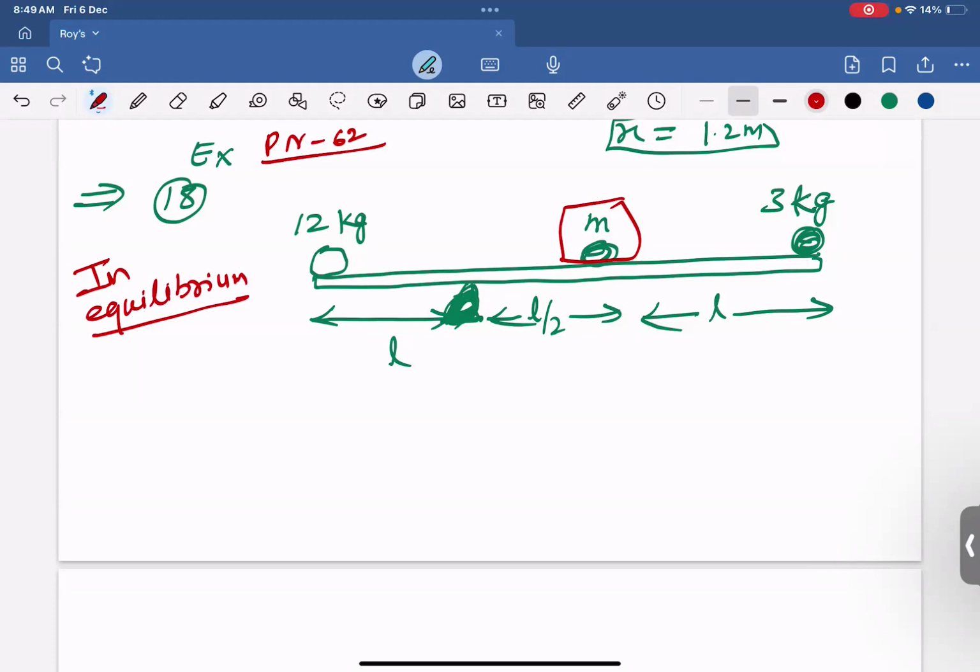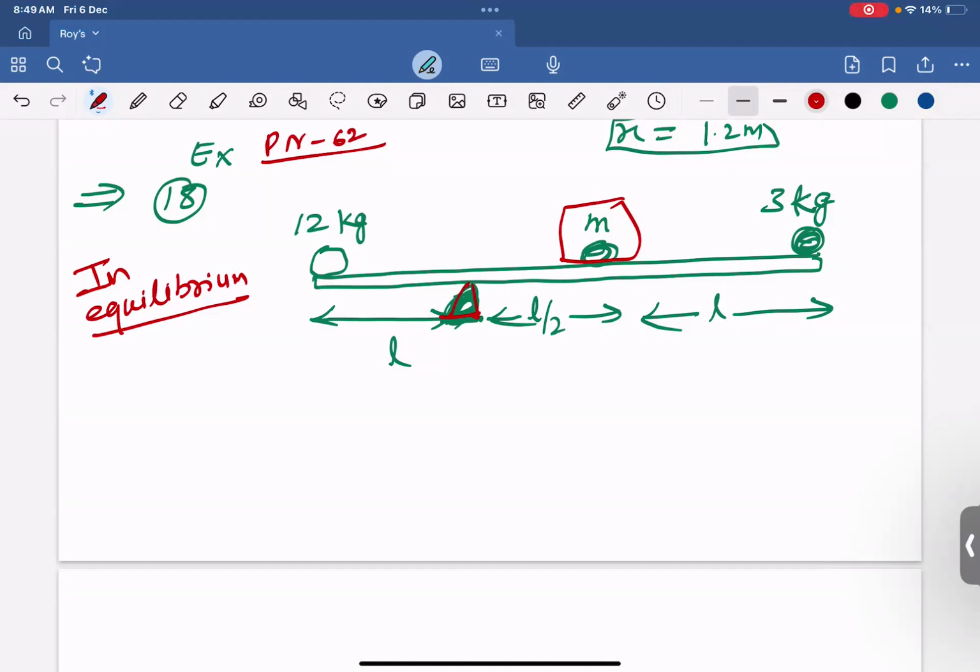So here you have to find the value of M. And this is the support where we have fixed, this is the axis. What should I do, I should find the torque, right? No, it's showing we have to find the value of mass M. Yes, for that we have to find the net torque.